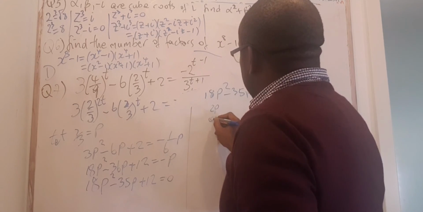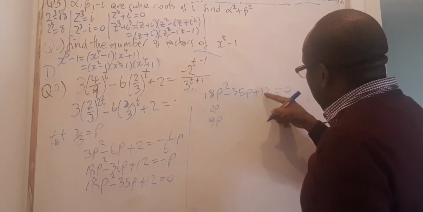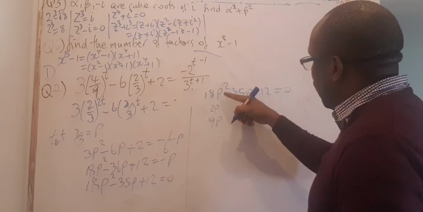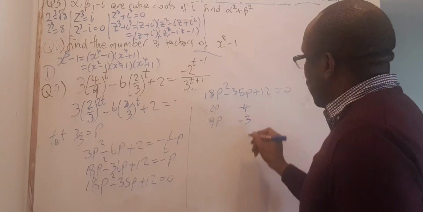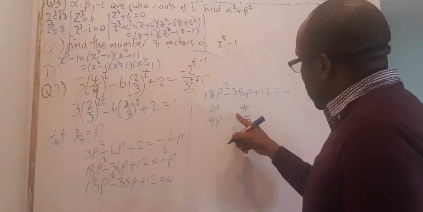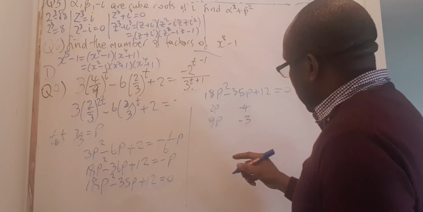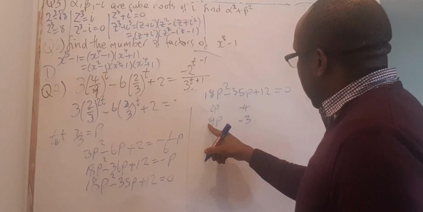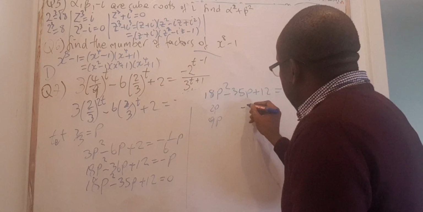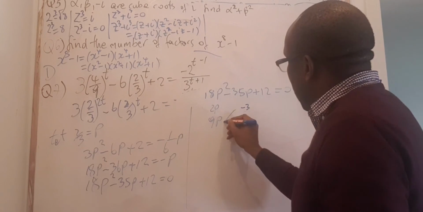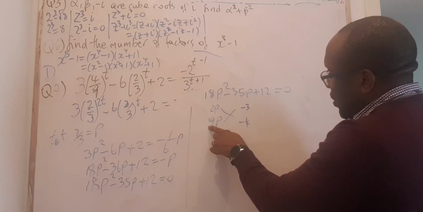Okay, 2p here, 9p. I factorize this in such a way that when I cross multiply, I should get the middle term. So I can get a minus 4, minus 3. So that minus 4 times 9, no, I think it's the other way around. It doesn't give me the middle term. So I get a minus 3, minus 4. So the minus 3 times this is minus 3.